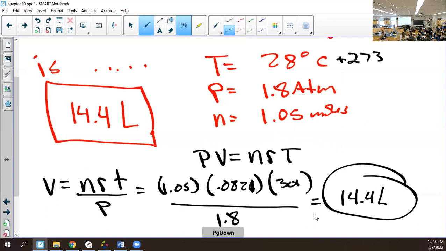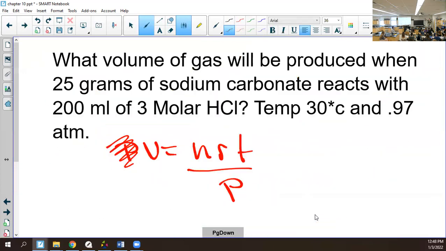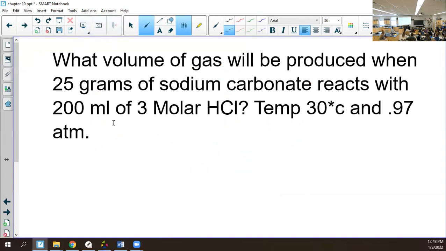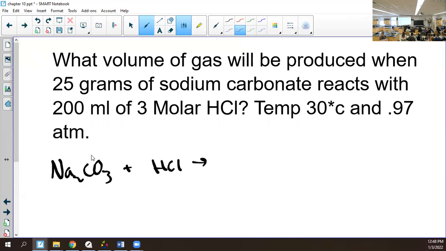We only have a minute, so we won't do it. We'll pick this up tomorrow, but you have to take 25 grams of Na2CO3, react it with HCl. A carbonate reacting with an acid is a red flag.